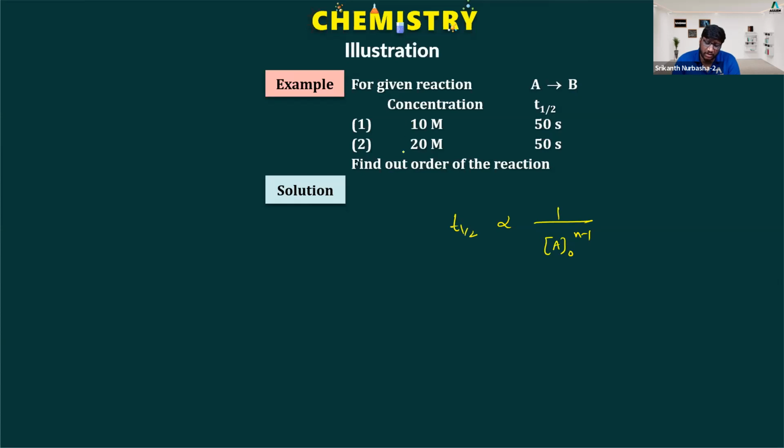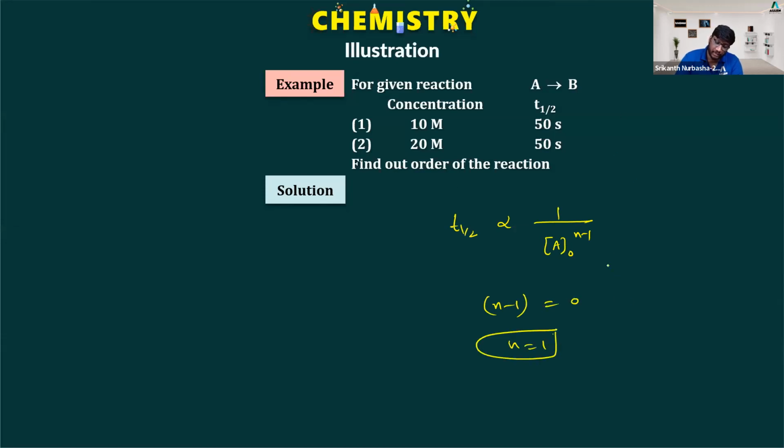Even though I change the initial concentration, is the T half changing? No, sir. From this, what can you understand? It is independent of initial concentration. So n minus 1 should be equal to 0, because even though you change the initial concentration, T half is not varying. So n is equal to 1.